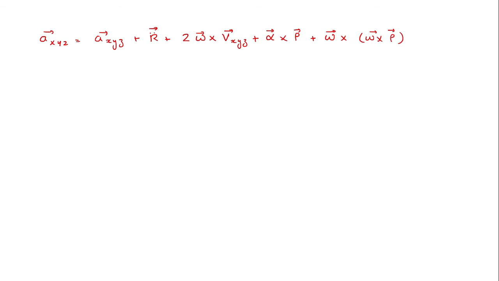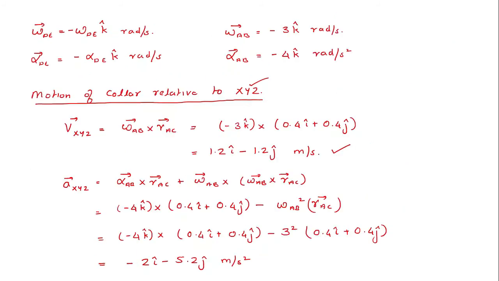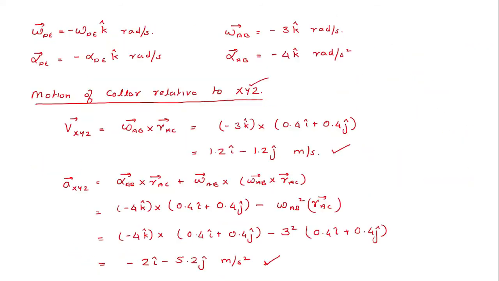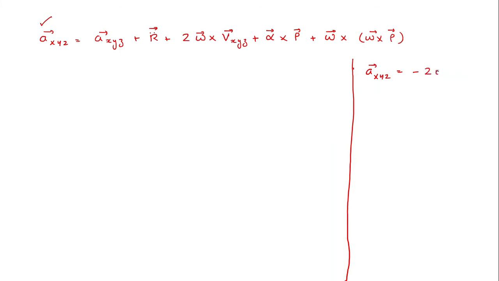So as such, we look into each of these terms. The absolute acceleration a capital xyz, we had already obtained earlier. We had got it is equal to minus 2 I cap minus 5.2 j cap. I'll write it here on this side: a capital xyz is equal to minus 2 I cap minus 5.2 j cap.